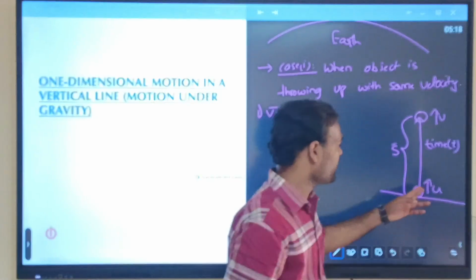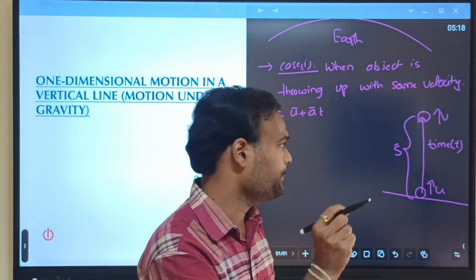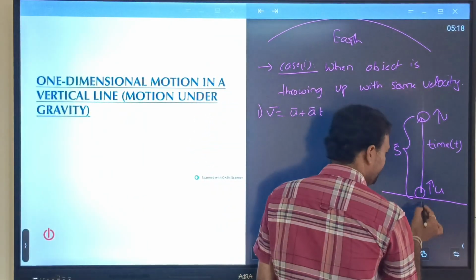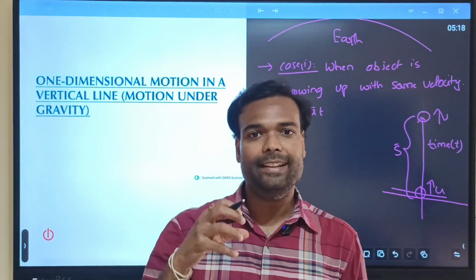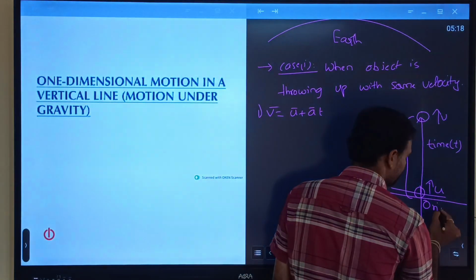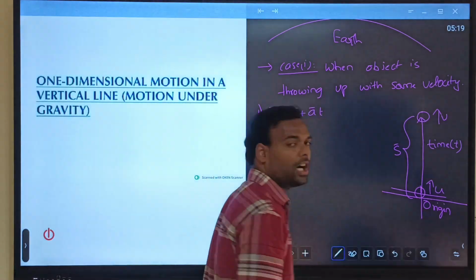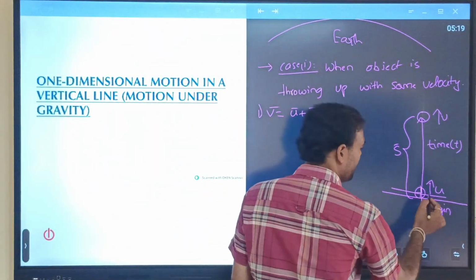You must remember one small and most important point: the point from where the object starts its journey, we have to consider as the origin.